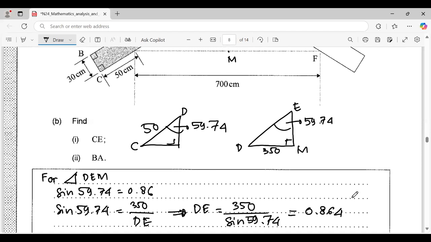Okay. So 350 over 0.864 is 405.21. That's DE.